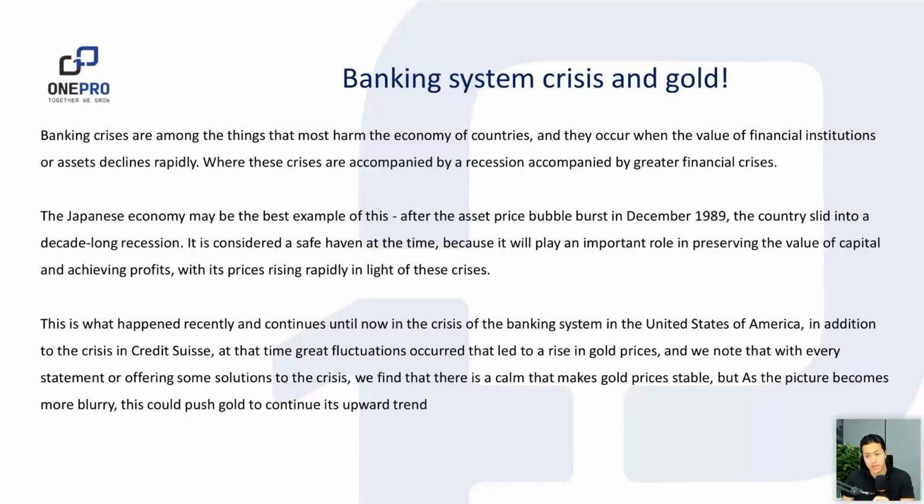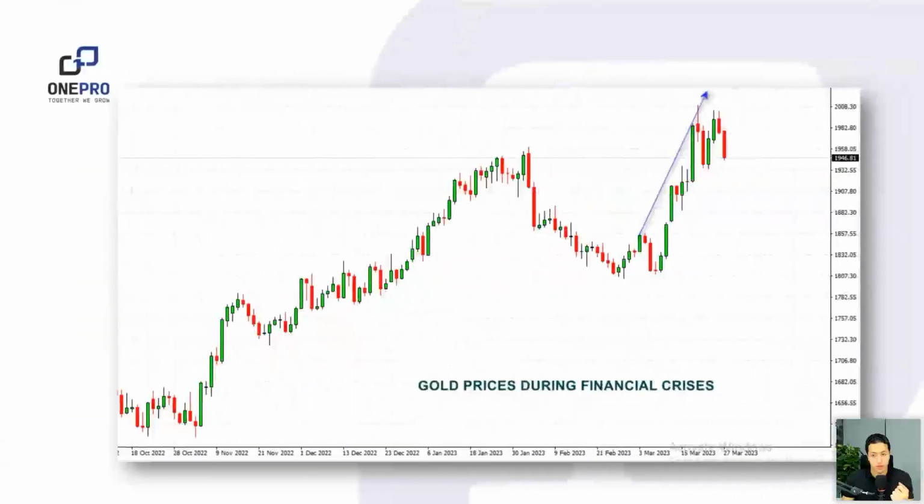Not only did this happen in the United States, but also with Credit Suisse in Europe, in Switzerland. At that time, great fluctuations occurred that led to a rise in gold prices. What happened back in those periods?